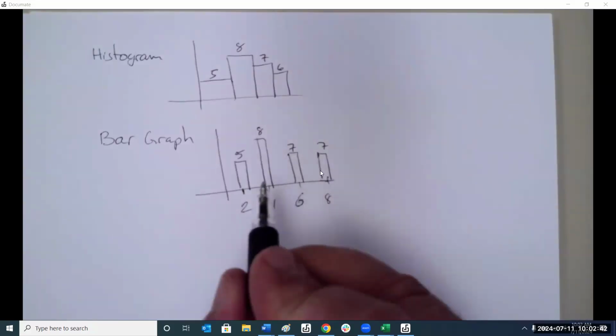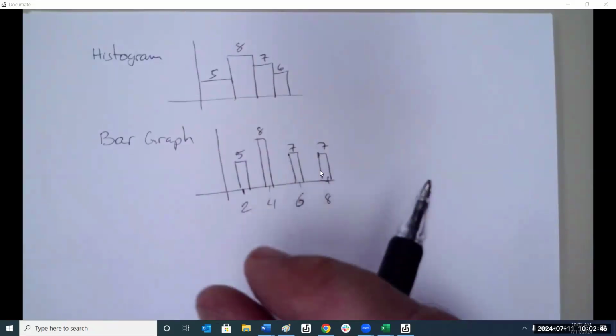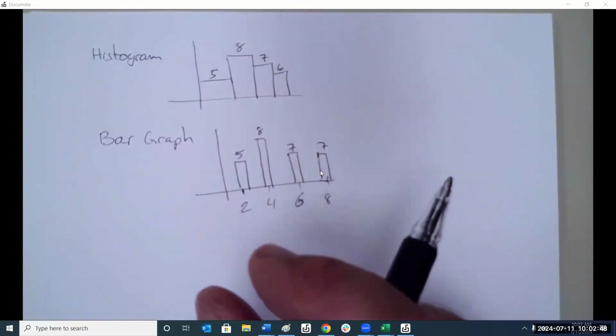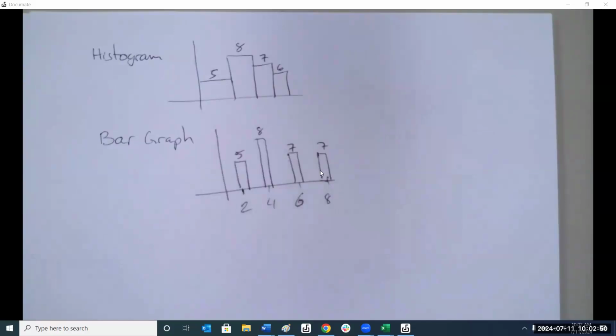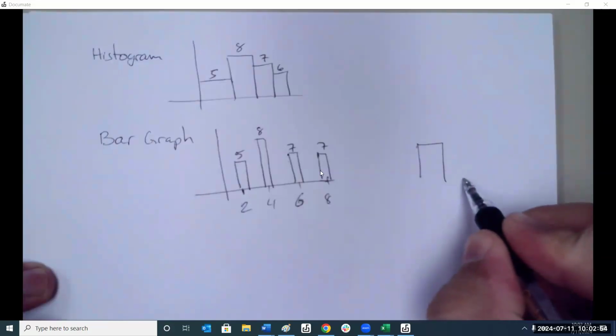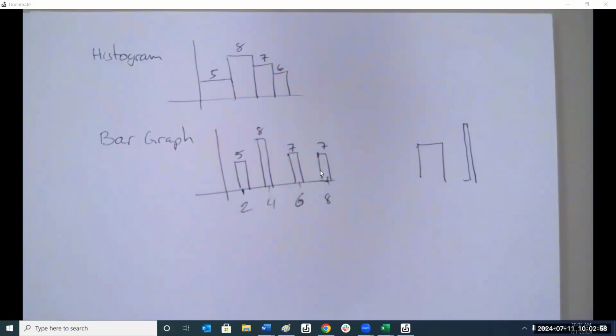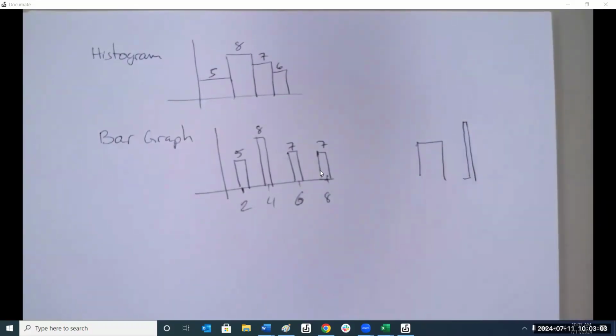Another thing, the width of your bar charts, your bars all have to be the same width. Because if you saw a graph that looked like this, subconsciously you would think that these data values are not the same, or they don't carry the same weight.